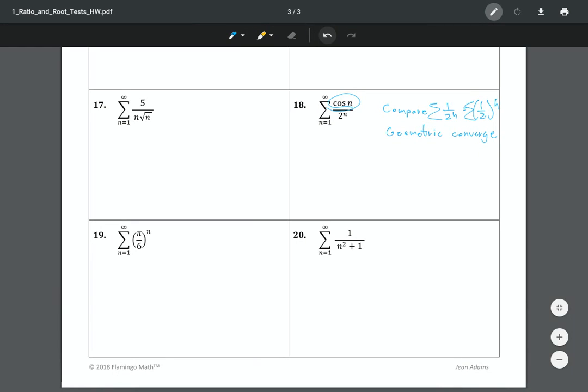Because of that, I had to go look at 9.5, excuse me, where they talked about absolute convergence. The absolute convergence says that if you can prove that the absolute value of this sum is convergent, then this is also convergent.